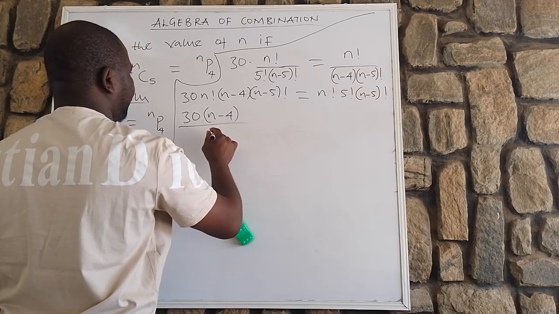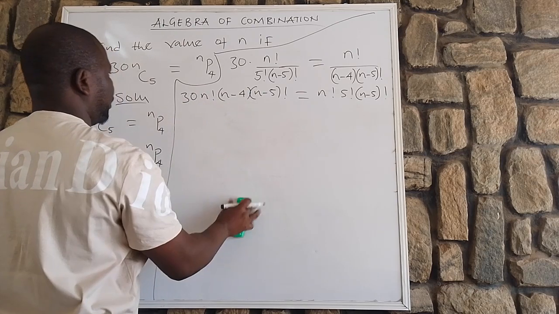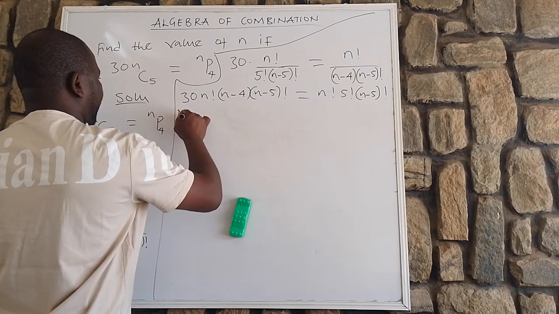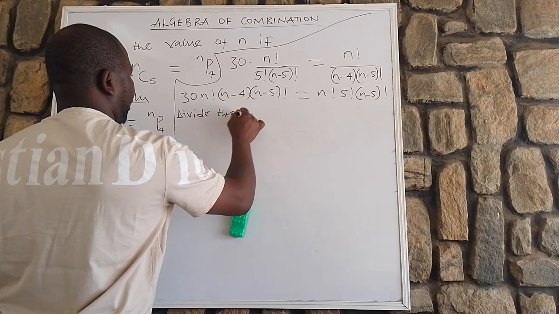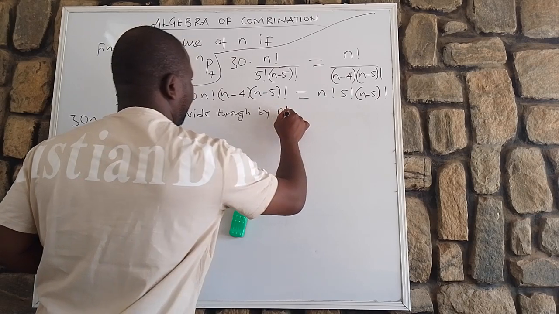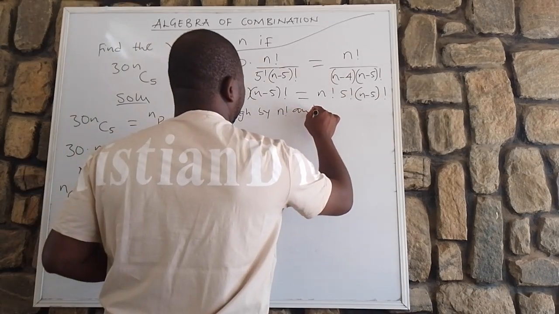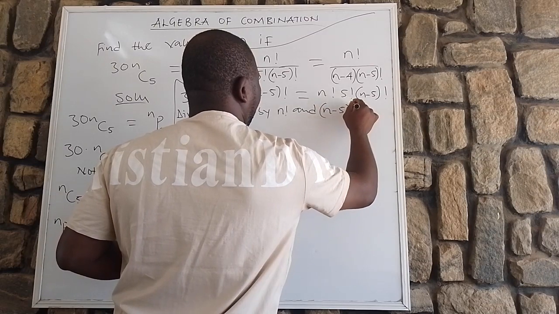For the sake of clarity, so that you will not ask unnecessary questions, divide through by n factorial and n minus 5 factorial.